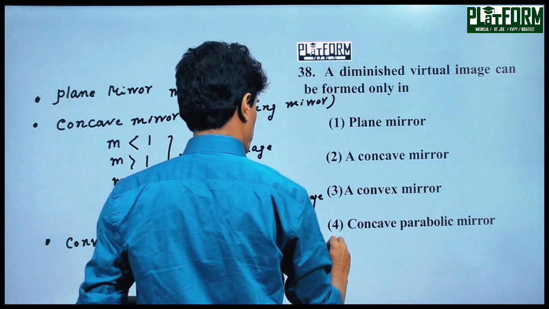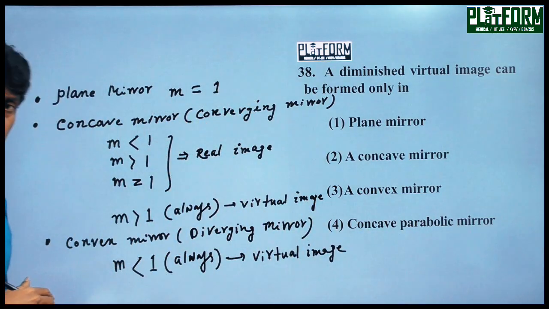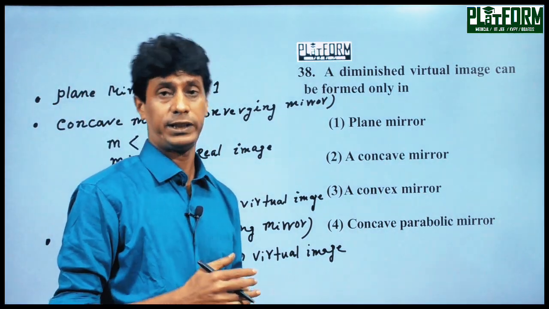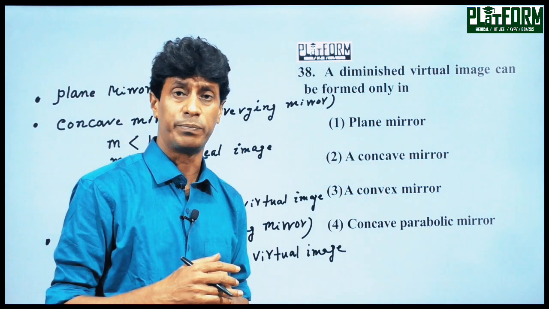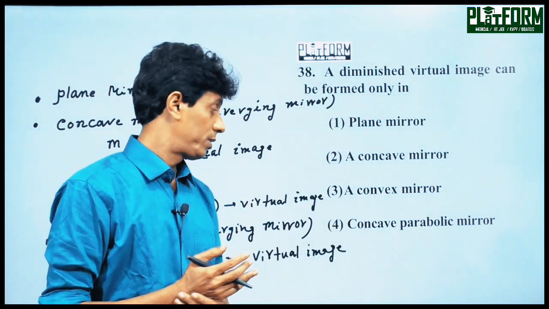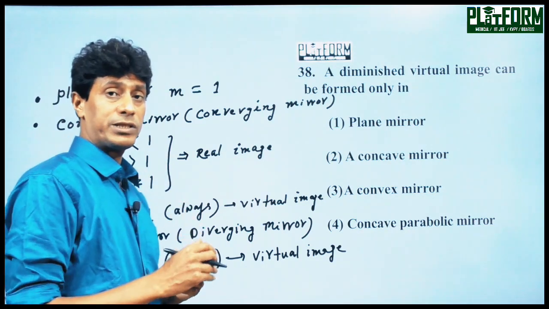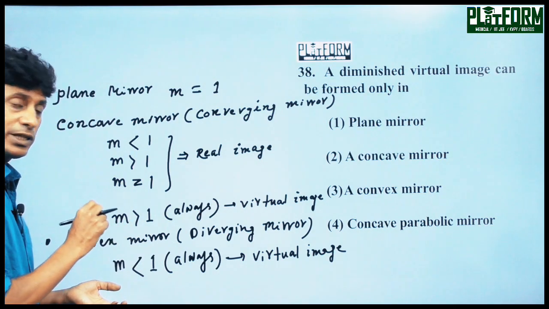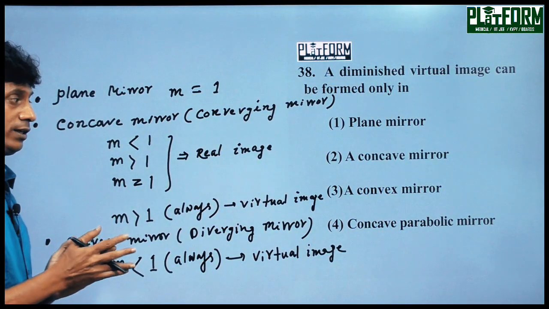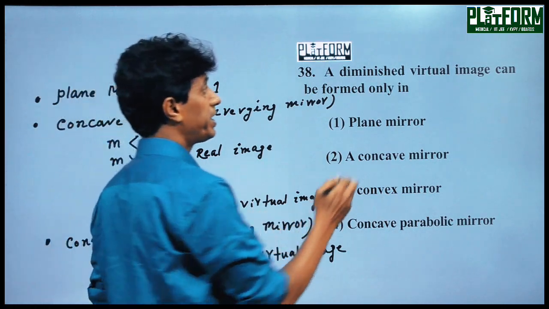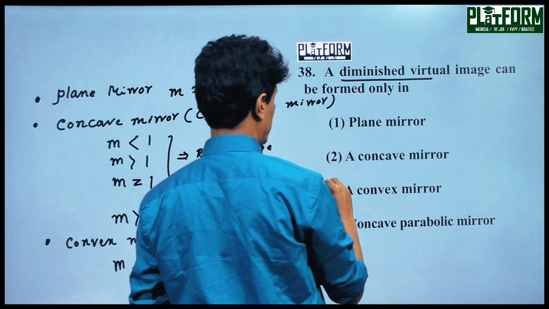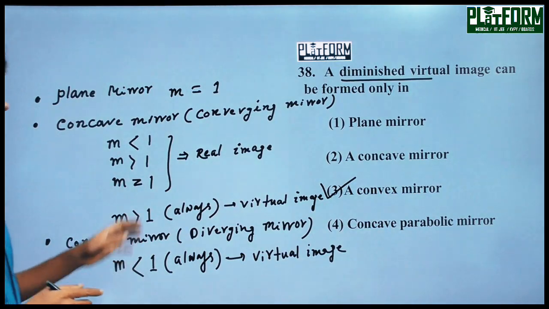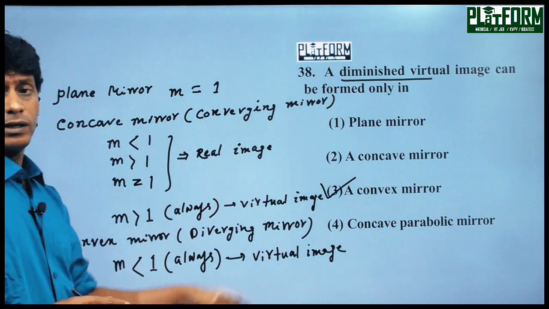Convex mirror cannot form a real image of a real object. If the object is real, it always forms a virtual image having magnification less than 1. So the right option here, diminished virtual image, is option 3. So this problem is also based on the basic conception of mirrors.